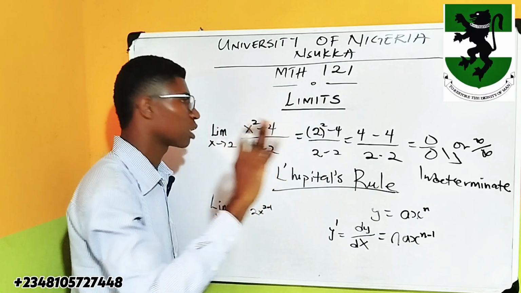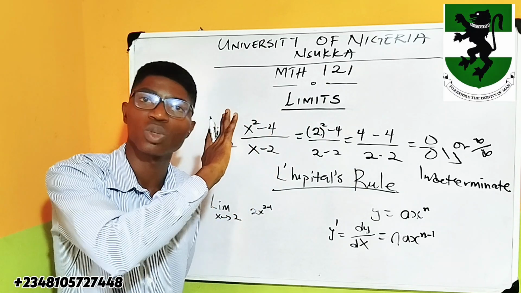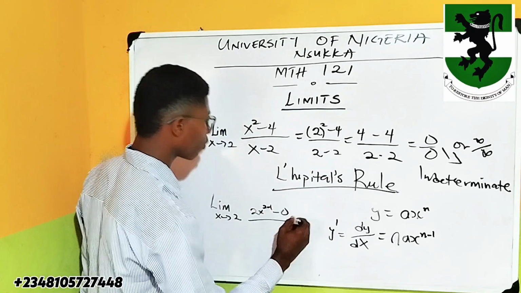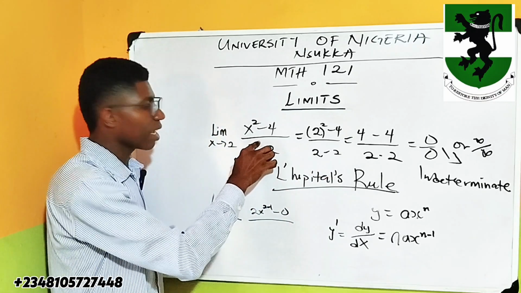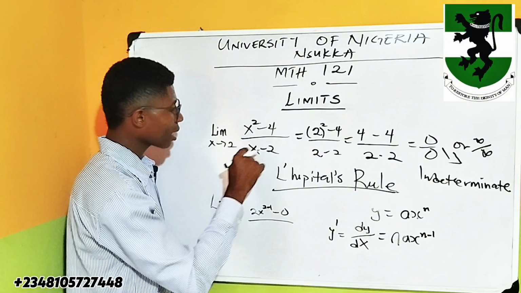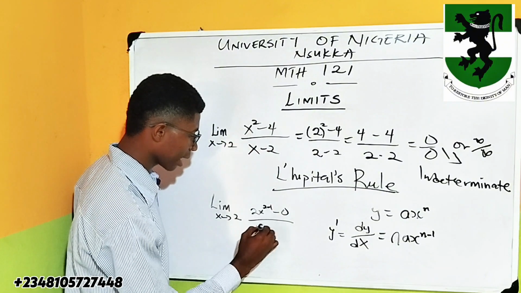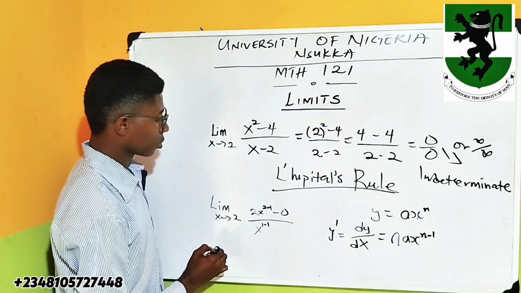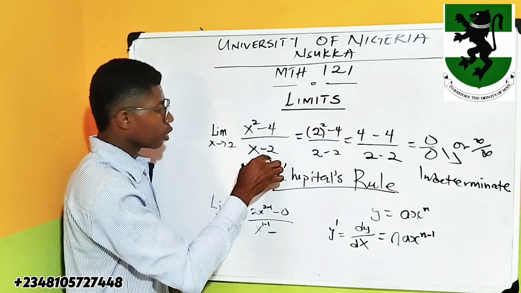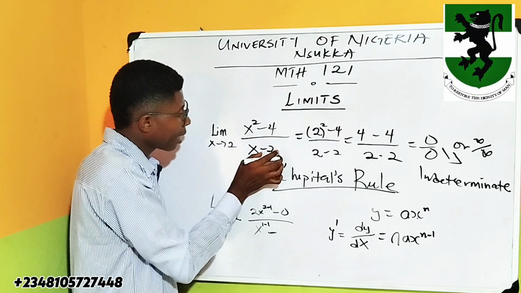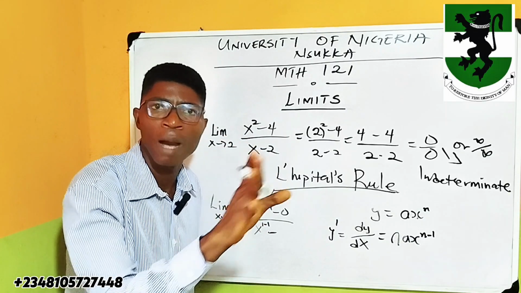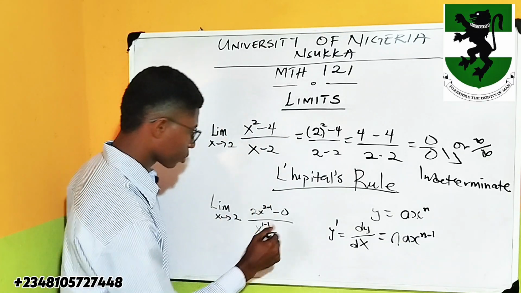So if you differentiate minus 4 with respect to x, your answer is what? 0. So minus 0, all over. Now, the power of x here is 1. So 1 times x is the same as what? x. Then the power here, 1 minus 1. Minus, if you differentiate minus 2, minus 2 doesn't have x. So when we differentiate a constant, minus 2, the answer is 0.